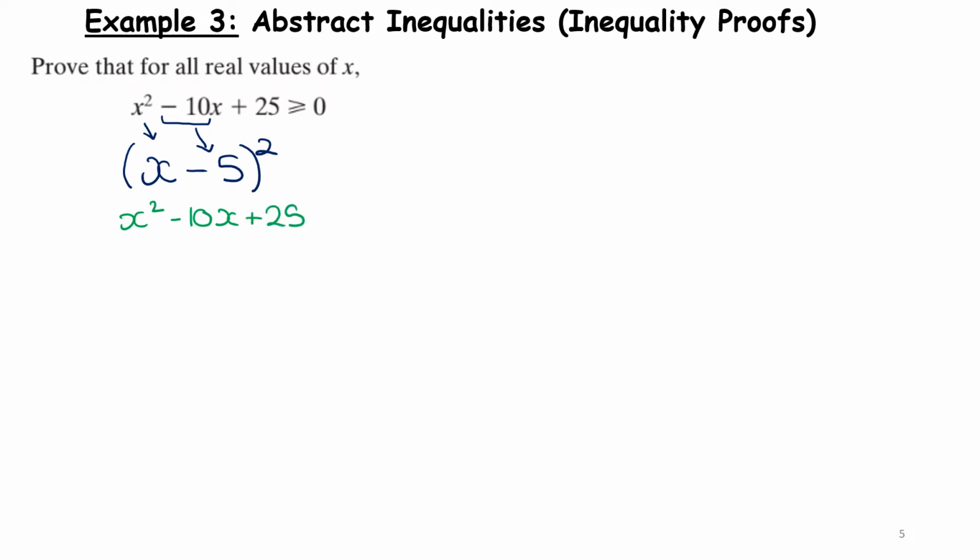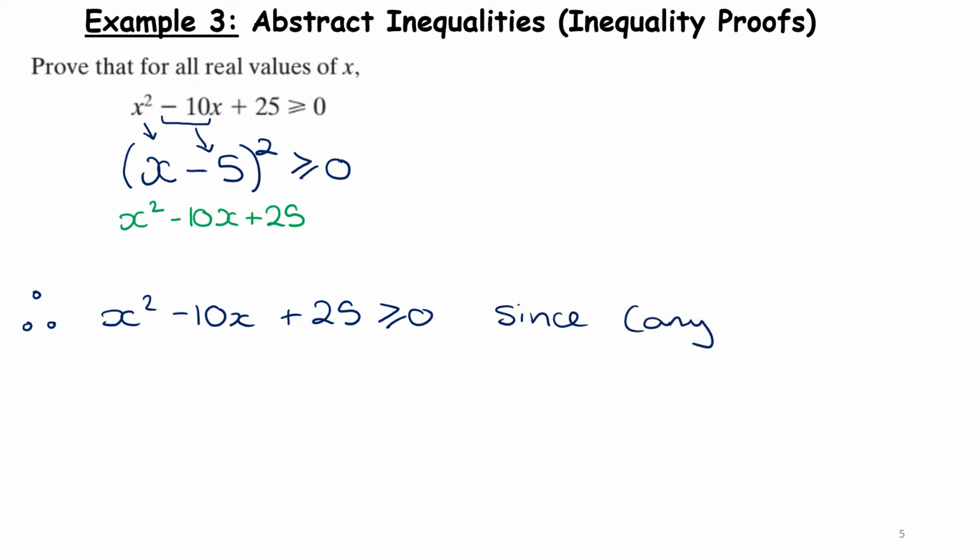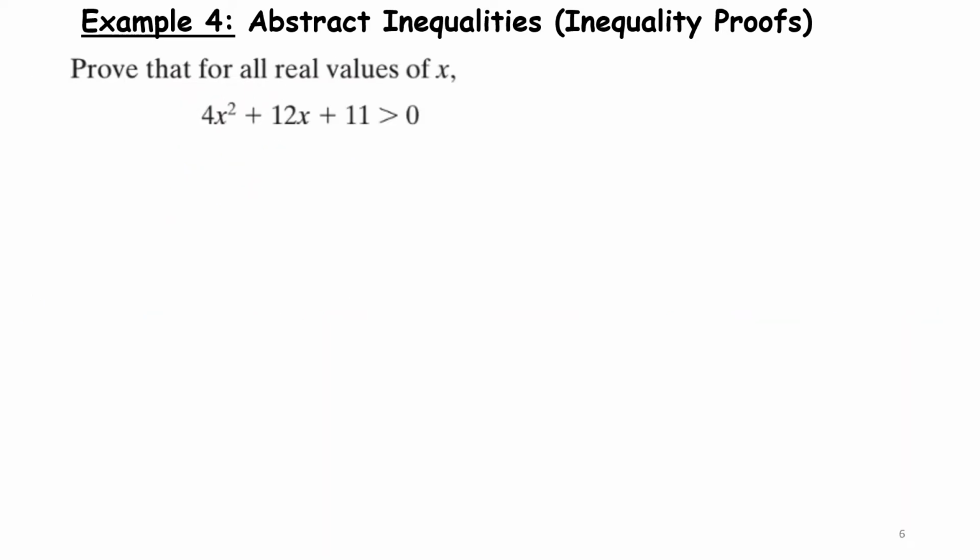So yes, that's perfect. Greater than or equal to 0. Therefore, x squared minus 10x plus 25 is greater than or equal to 0, since any real number squared is greater than or equal to 0.